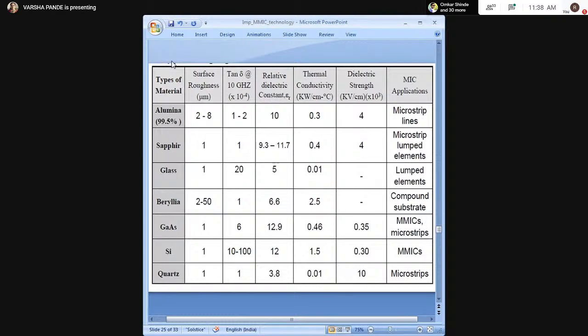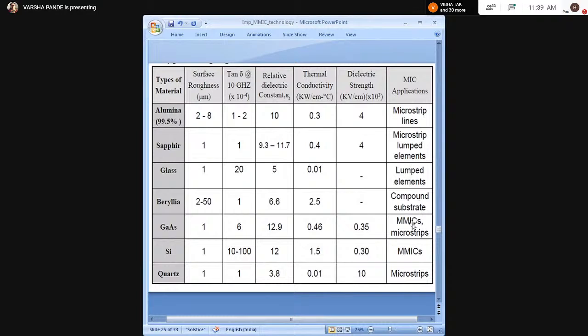Here the comparative chart is given. Types of materials: alumina, sapphire, glass, beryllia, GaAs, Si, and quartz. And for which type of applications. Suppose you want to design microstrip lines, or the complete circuit of an MMIC, then the most suitable materials are GaAs and Si, or MMIC, in which all the devices are fabricated on a single chip.